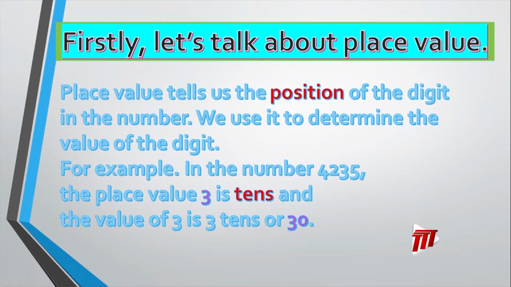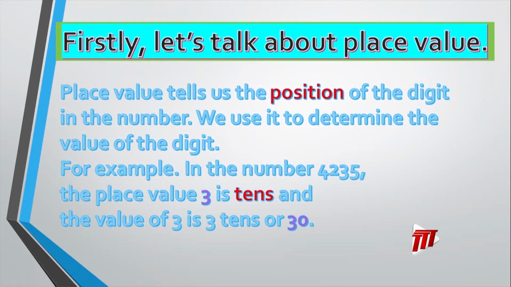So we have a number here, 4,235. As you can see, in that number, there are 4 different digits. Good? When we're talking about place value, if we're using the 3 for an example, that 3 there is 3 tens. So it's 3 tens, that's the place value. We know that it comes right after the ones because we start on the one side.